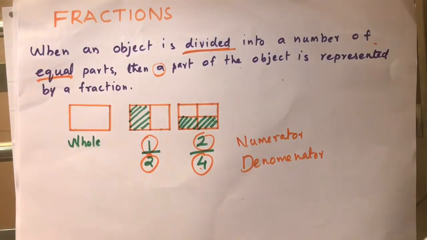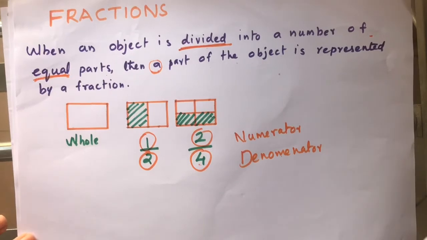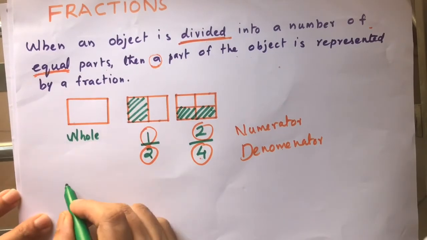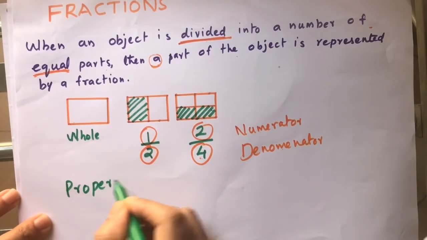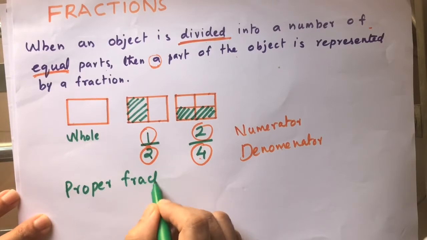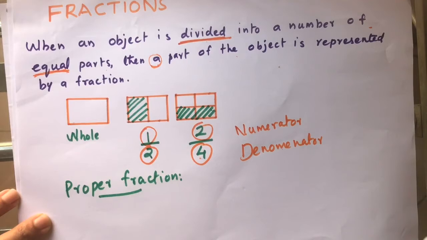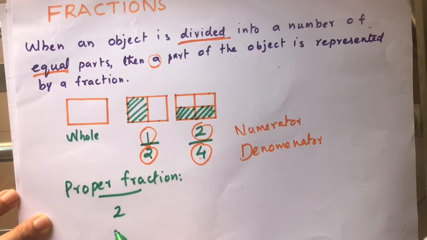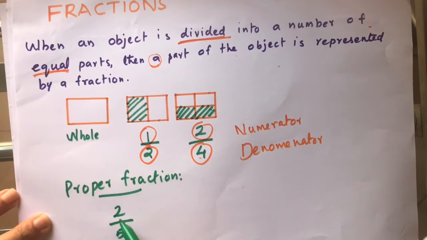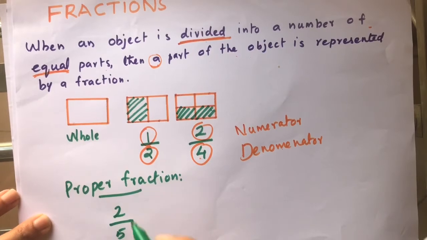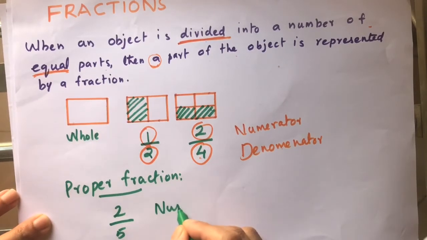And there are so many types of fractions. Let's see what the fractions are. First we will see proper fraction. A fraction that has a numerator smaller than the denominator is called a proper fraction. Like the fraction 2 by 5. Here the numerator is lesser than the denominator.